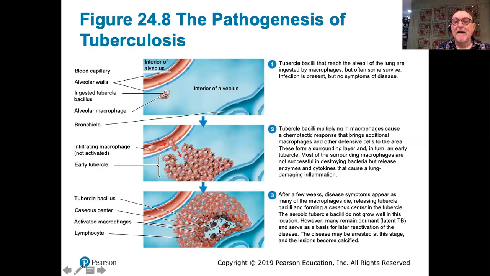And on the inside, there's often a space where cells have died and where the tuberculosis bacteria are reproducing, but they only reproduce very slowly. They are aerobic, and this is rather anaerobic, and it limits their growth. This is a slow process. And it forms what is called a tubercle, which is very distinctive for tuberculosis. That tubercle can arrest.